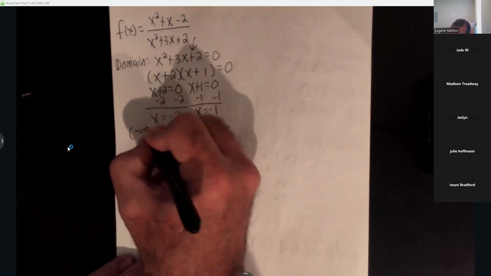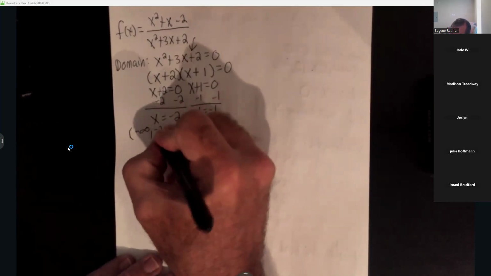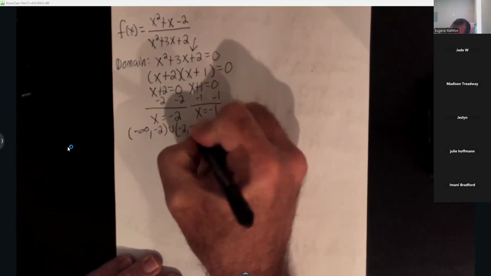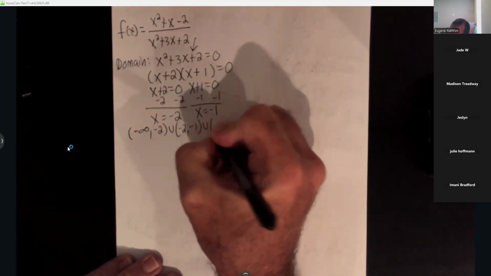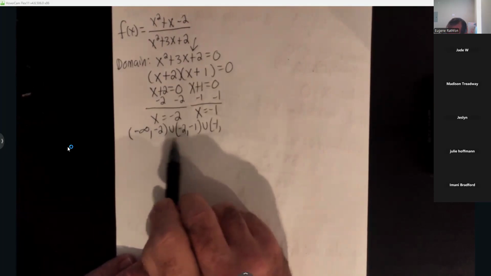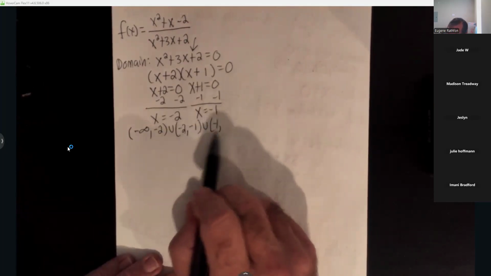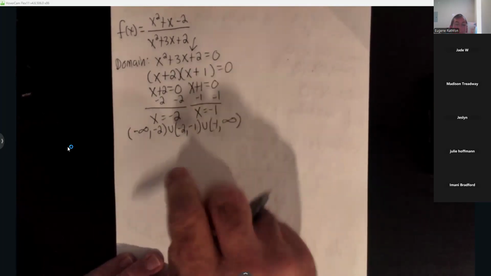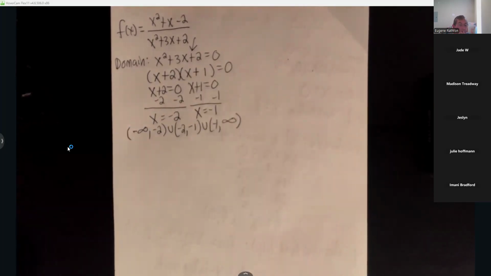So negative infinity to negative 2, union, y'all, negative 2 to negative 1, union around that negative 1. So I'm kicking out negative 2 here, kicking out negative 1 here, and then it heads towards positive infinity.